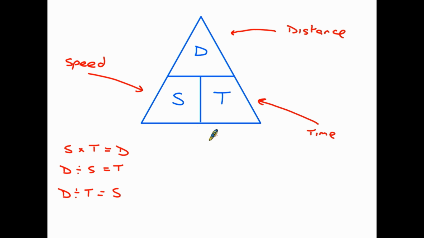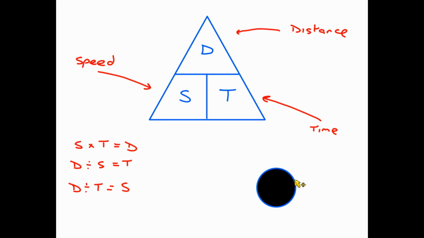So how does this triangle help us? Well, the idea, in the case of an exam or something, is to use your thumb. I will just use a black circle. Imagine you have an exam question and you are being told the distance and the speed. The question you will then be asked is, what is the time?